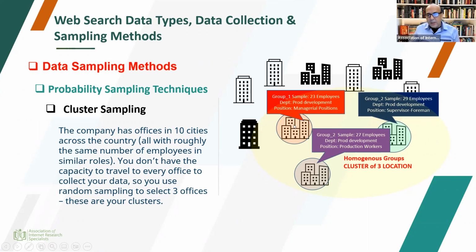Within this cluster, each of these buildings would require you to select, let's say, from the production department, 23 employees that are coming from managerial positions. In the second one, which is doing a similar function, or it is the same manufacturing except that the location is different, you have 27 employees to select from the production department, but you are only selecting production workers.